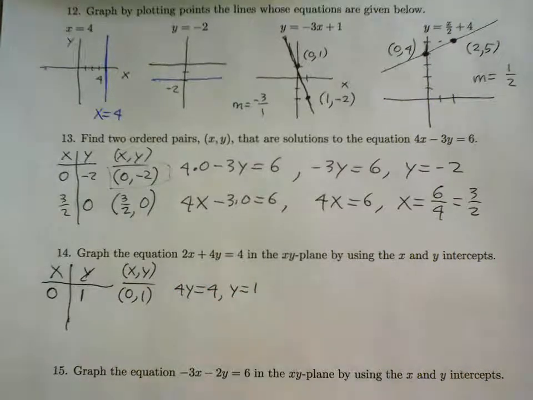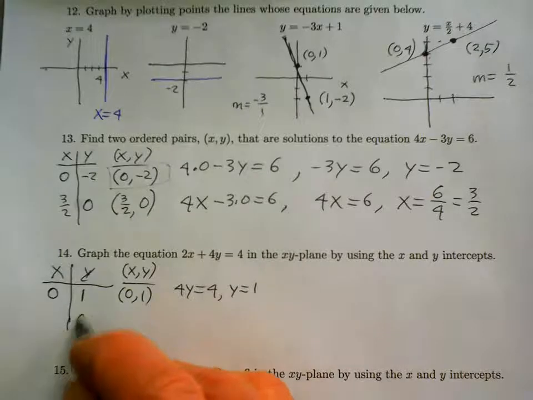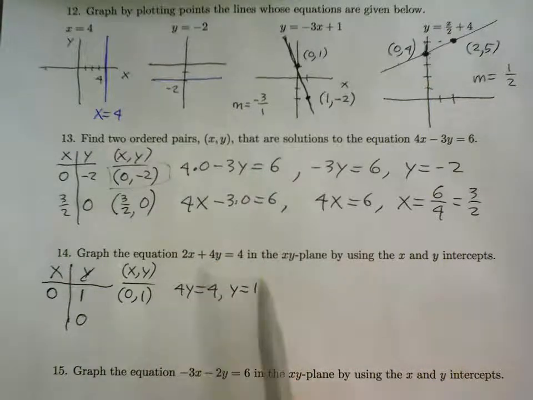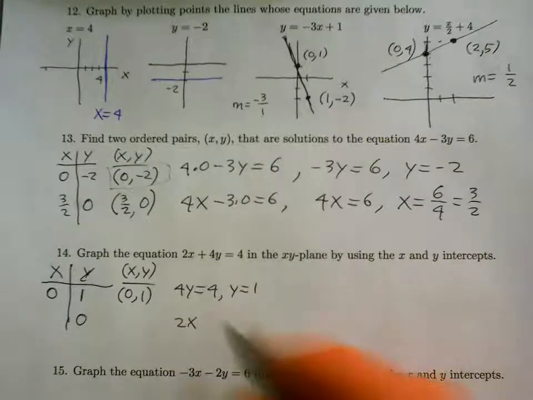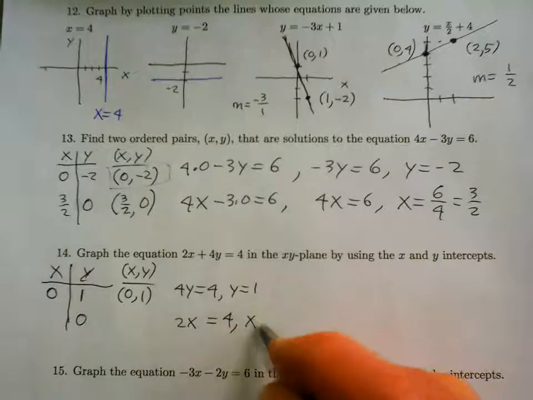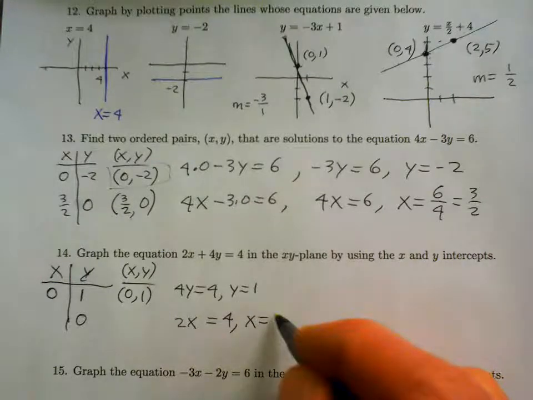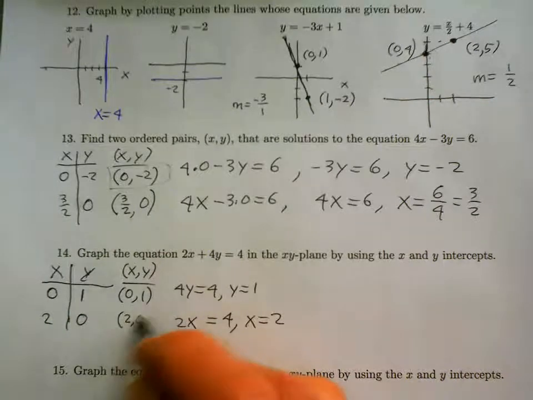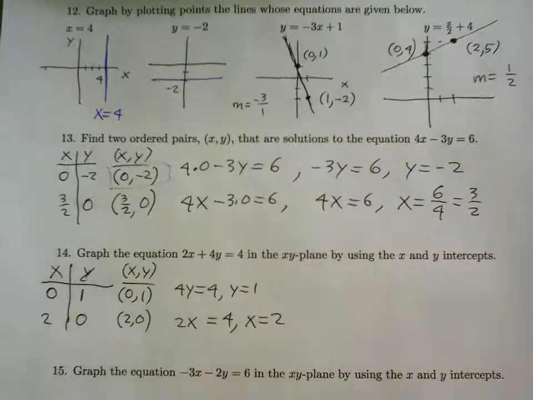To find the x-intercept, we replace y with 0. And when y is 0, we get 2x plus 0 equals 4, or 2x equals 4. And divide both sides by 2, we get x equals 2. So the ordered pair (2, 0) is the x-intercept.